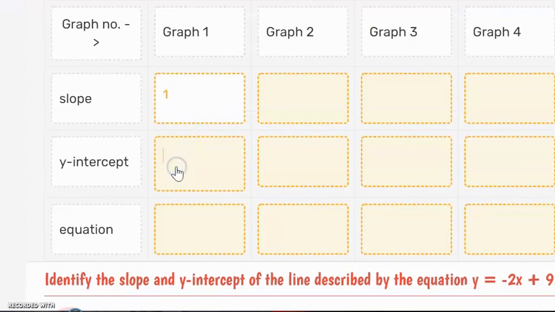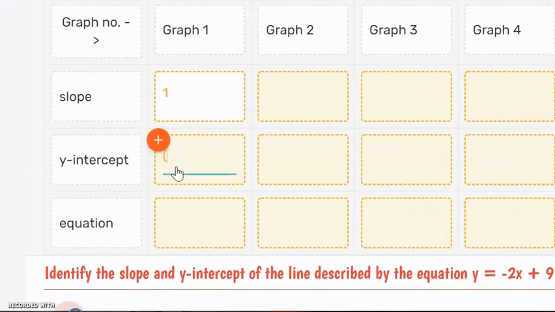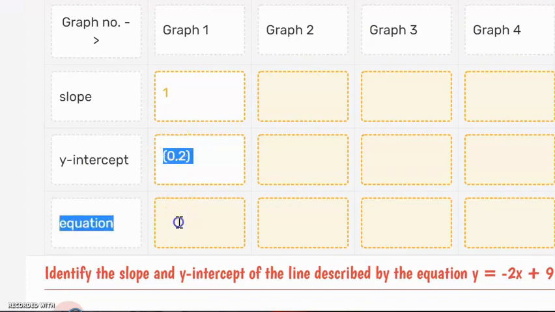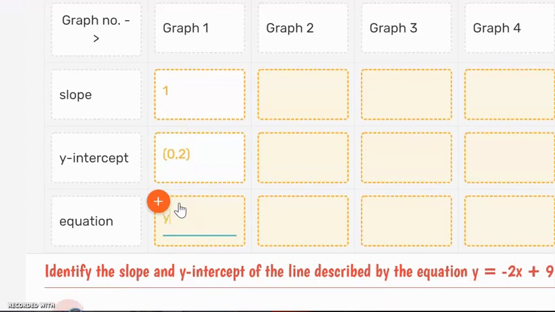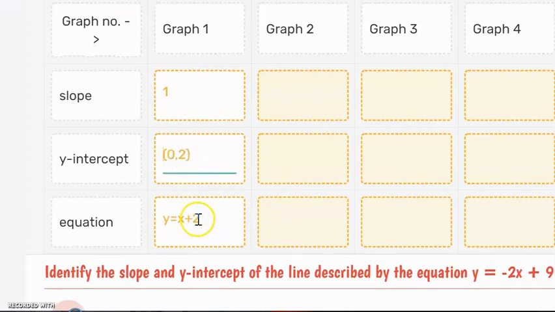And if I were going to write this in slope-intercept form, I would write y equals 1x, or just x, plus 2. We're only looking for the y value for our y-intercept.